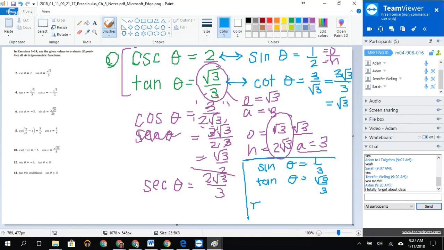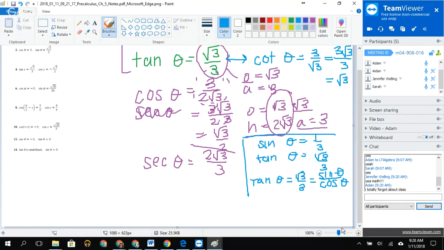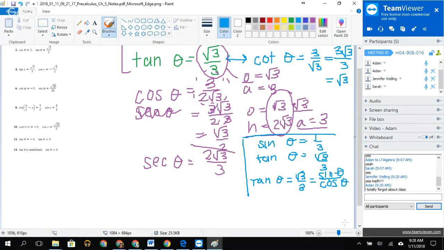The tangent of theta equals square root of 3 over 3, which also equals the sine of theta over the cosine of theta. So I could plug in here for my sine of theta. I need more room. So square root of 3 over 3.